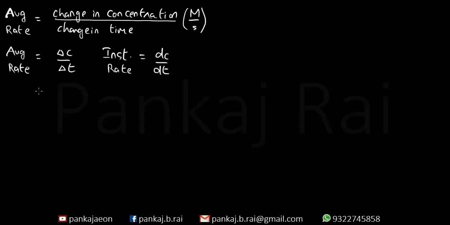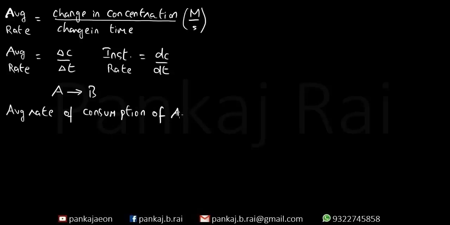Let's say that A is getting converted to B. So what is the average rate of consumption of reactant A, because A is getting consumed? It is given by change in concentration of A upon change in time.